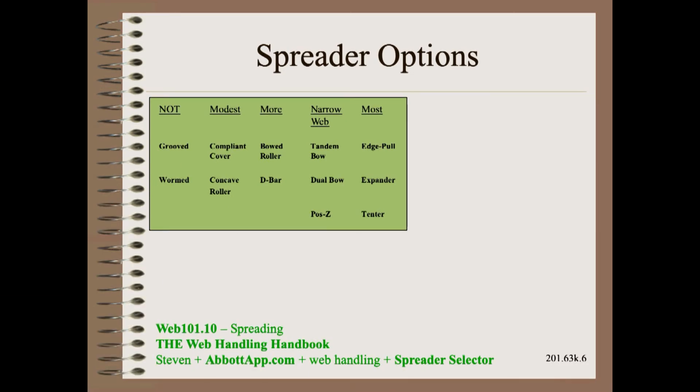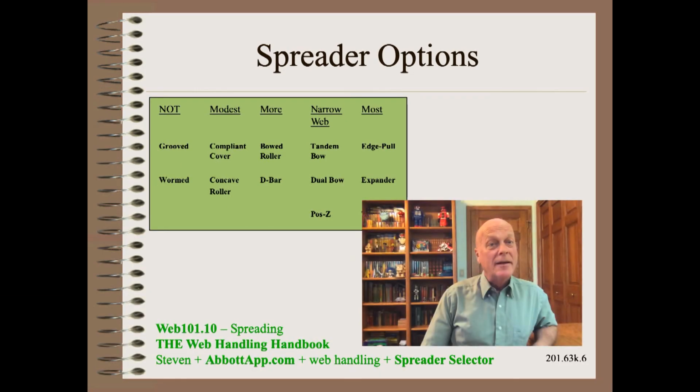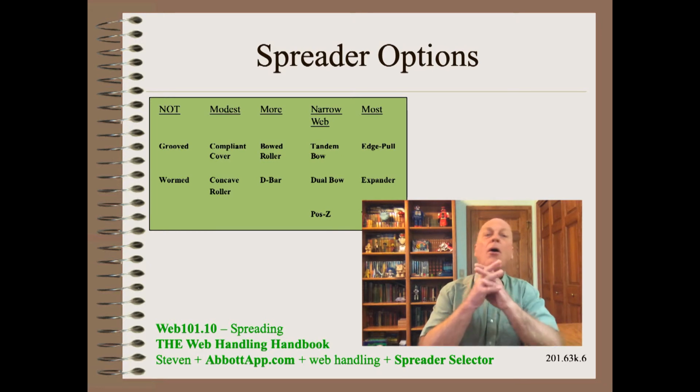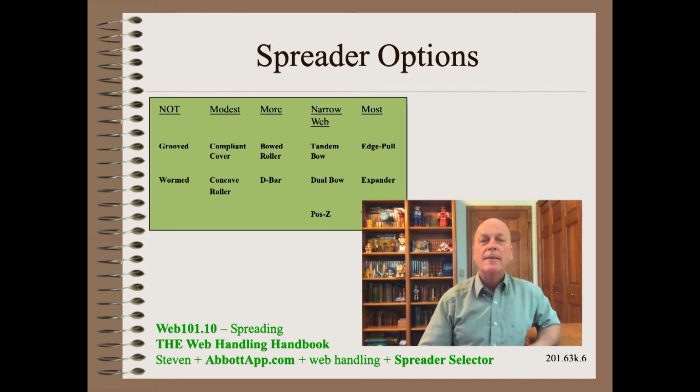So here, at last, we have a table of spreader options listed approximately in order of spreading power. It deserves to be last because pre-work and homework will greatly reduce the trial and error cycle of willy-nilly popping in some spreader somewhere and hoping for the best.